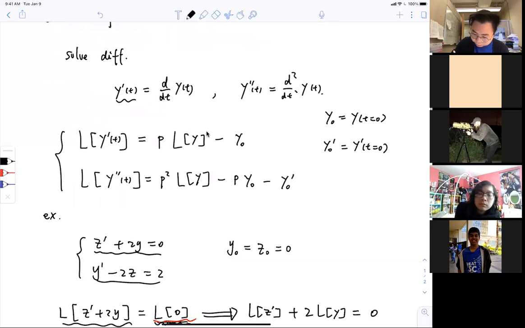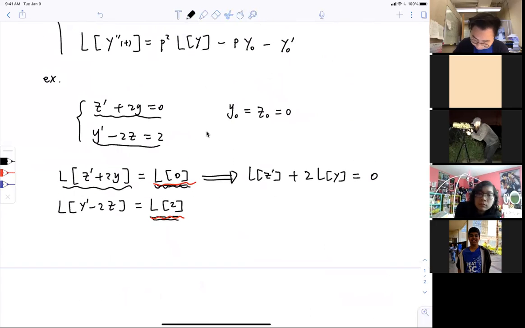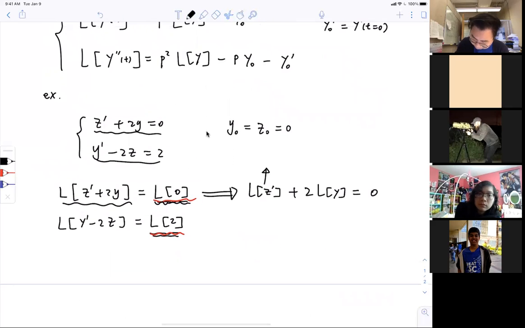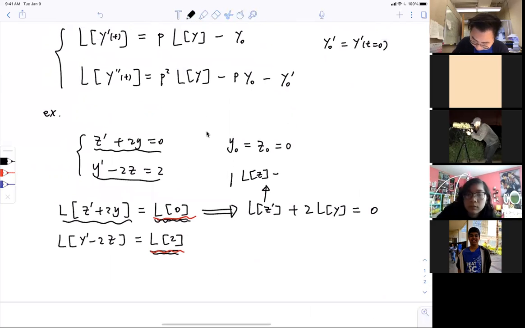If you set f(t) to be 0, then its transform is 0. And the transform of z prime is p times the Laplace transformation of z minus z naught.